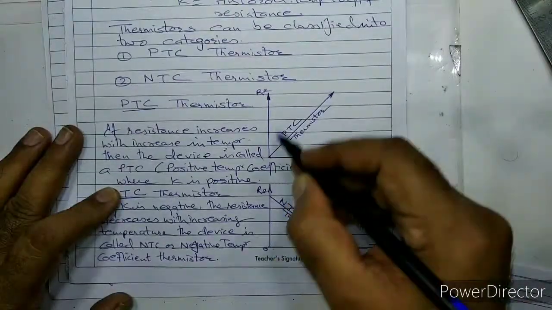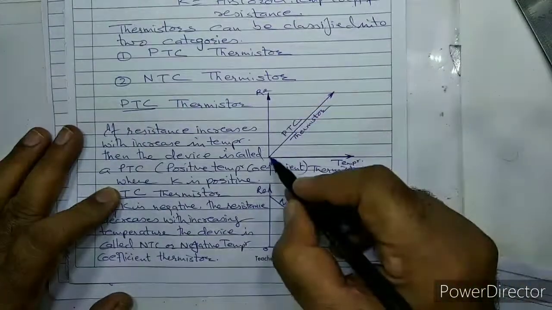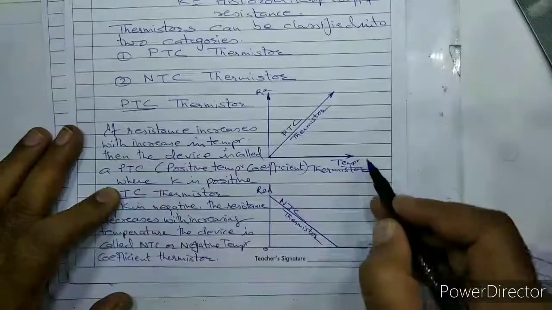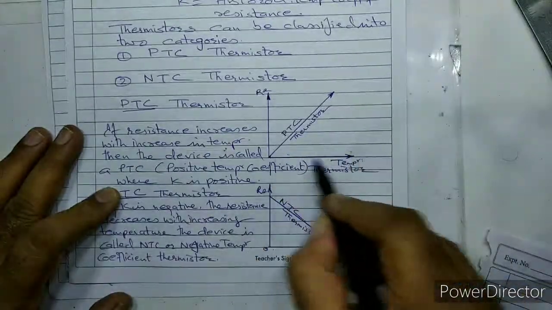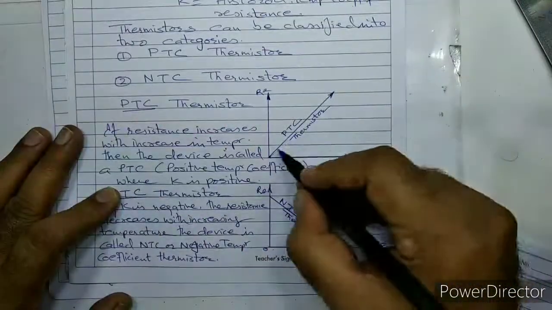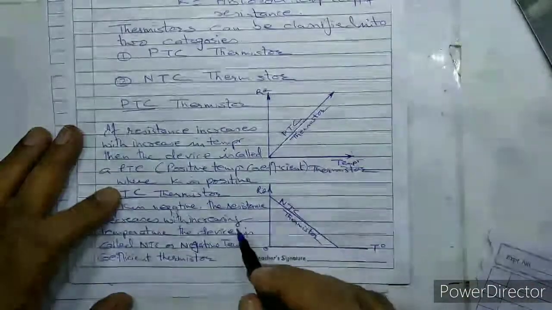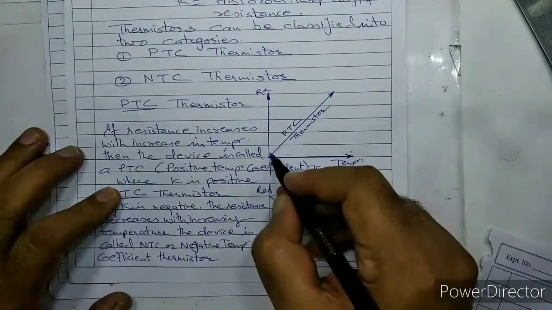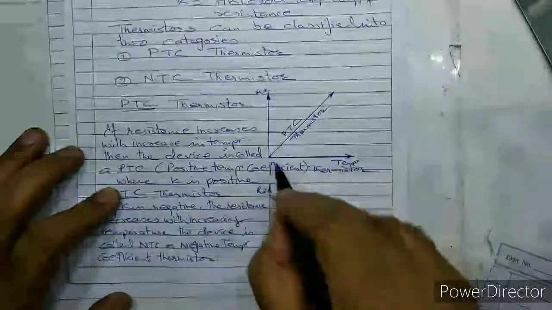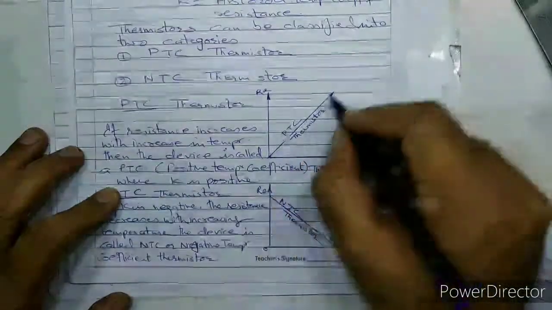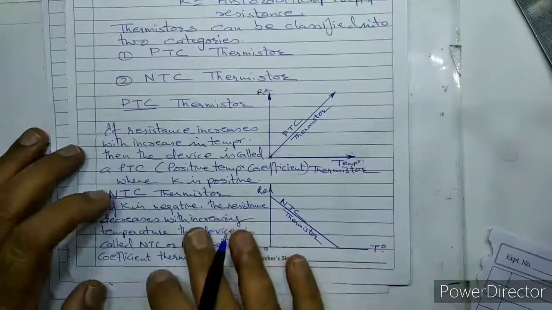Here we can see the resistance rising with rise in temperature. So it is a linear rise in resistance according to the temperature. So this is called a PTC thermistor.